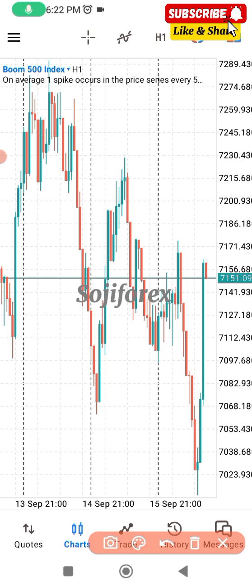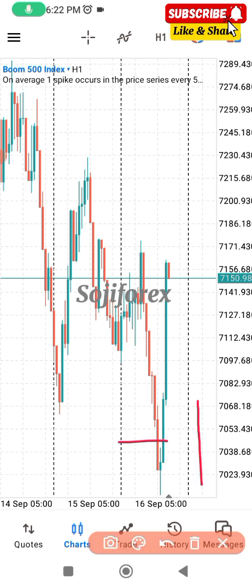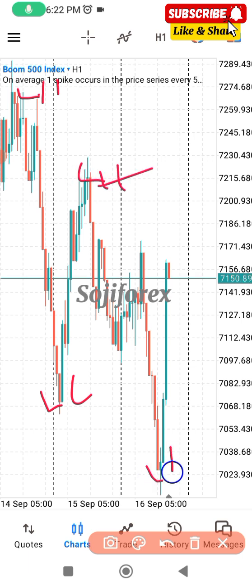So this is one of the ways in which we can determine our structural point, using our lower high, our lower low, our lower high, and our lower low. So this is one of the structural ways of determining a profitable market trend.